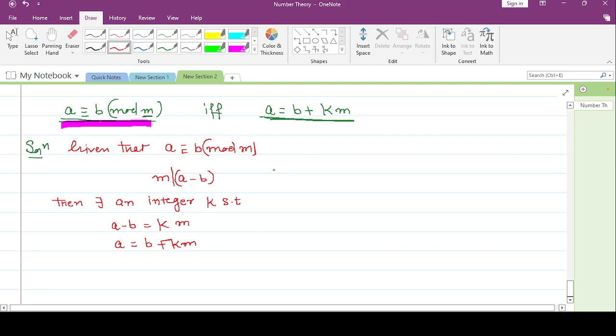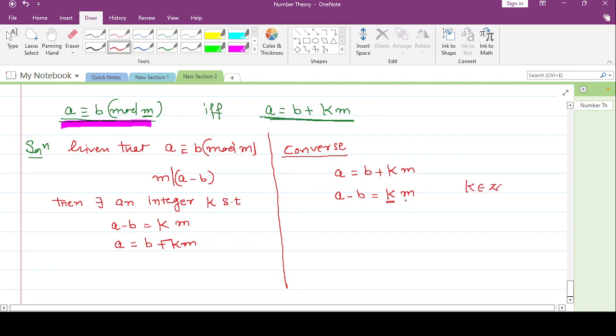Now the converse. What is the converse of this statement? That a is equal to b plus k times m. This can be written as a minus b equal to k times m, and k is an integer.